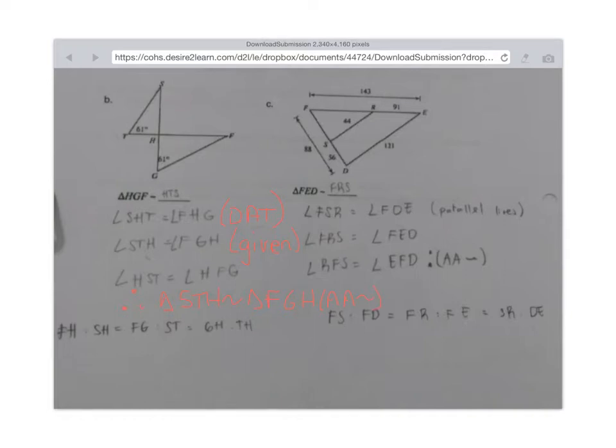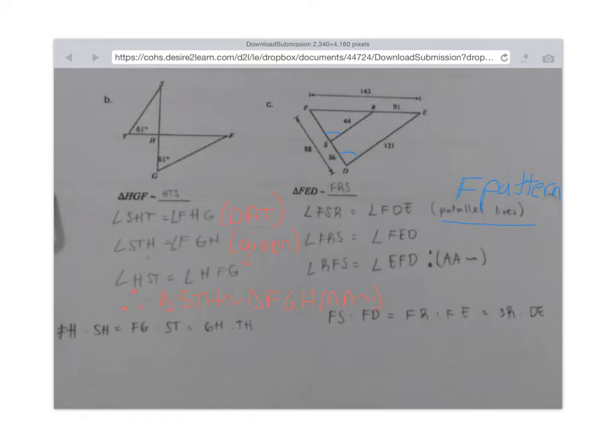Now the same idea for C, and in C you've mentioned parallel lines. You should also mention that these make the F pattern. And so FSR is equal to FDE, so that's this angle and that angle equal.